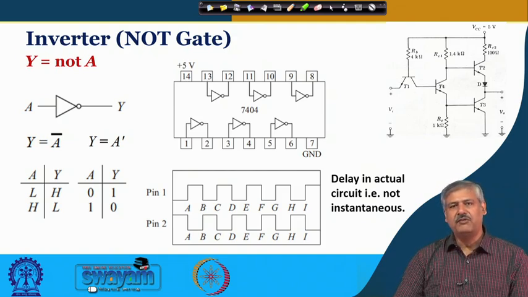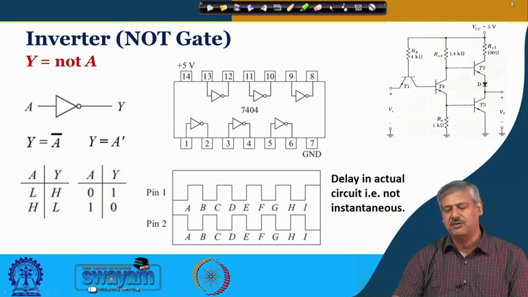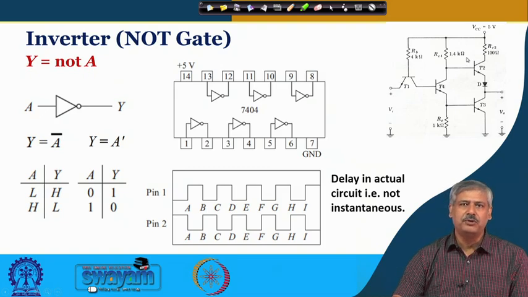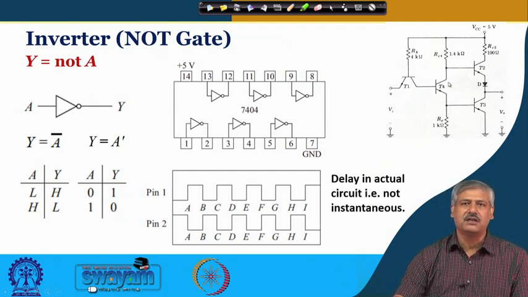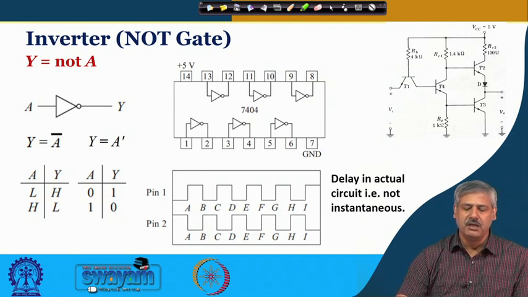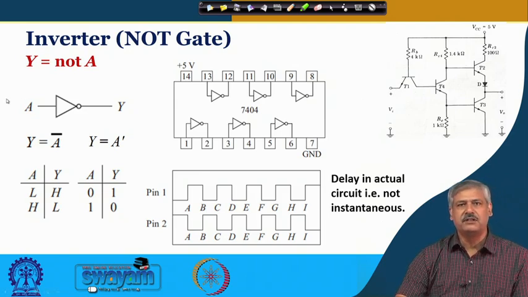Instead, whether it is CMOS technology, TTL technology or any other technology, we shall put one symbol as a building block. We will know that inside, depending on the logic family that is used, one circuit or the other will be there, and that is represented through a symbol.